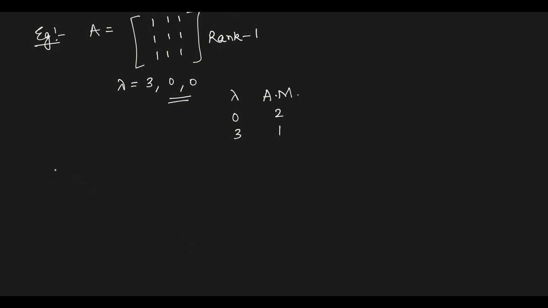Now if I find the eigenvector corresponding to lambda equal to 0, A minus lambda 1 I times x equal to 0. Lambda 1 is 0, so Ax equal to 0.